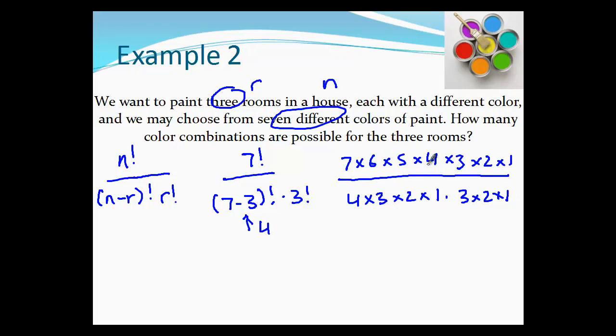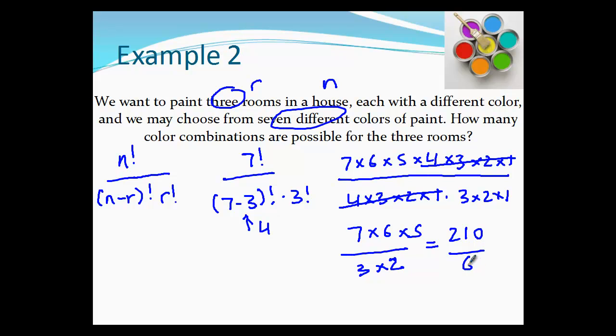We can cancel out 4 times 3 times 2 times 1, as it's on the numerator and denominator. So we're left with 7 times 6 times 5 over 3 times 2, which equals 210 over 6, which equals 35 different color combinations that we can do.